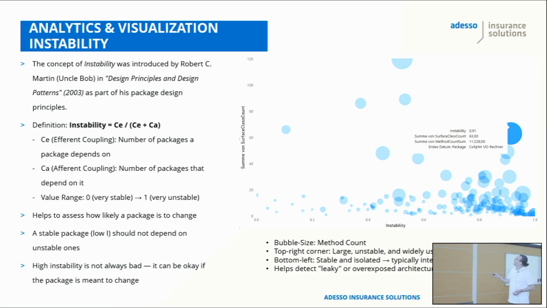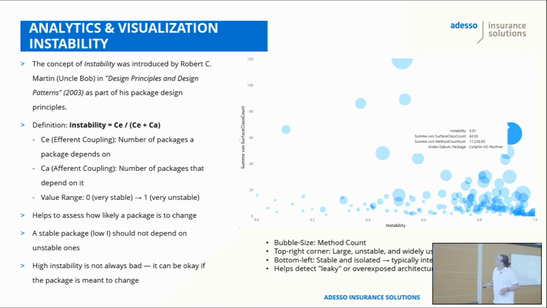So I put the number of surface classes on the y-axis here, and the instability is on the x-axis. If a package is in the top right corner, that would mean this package is highly unstable and has a high exposure to other packages. So this would definitely be something to look into, while a package on the bottom left would be mainly used by other packages, and it would have a very minor exposure.